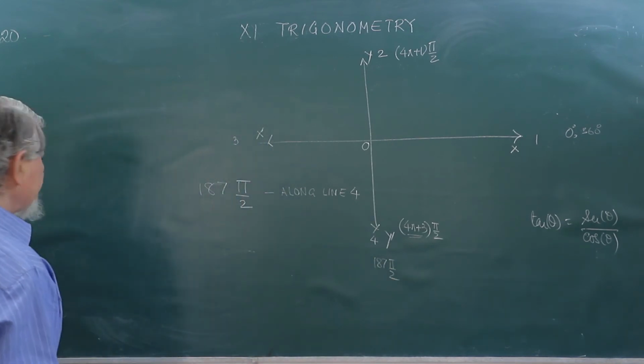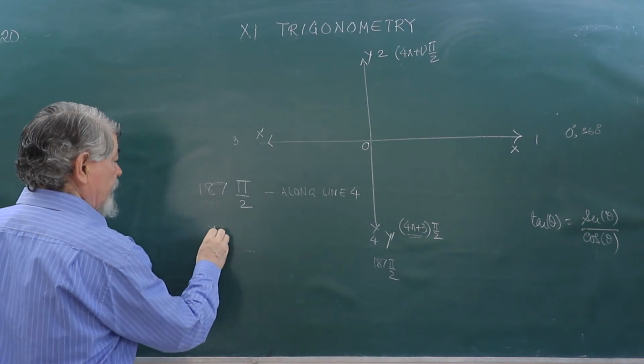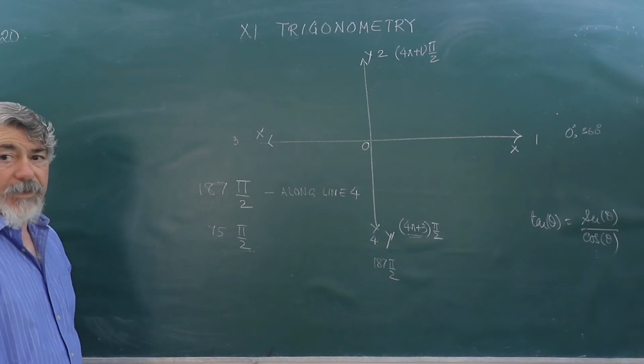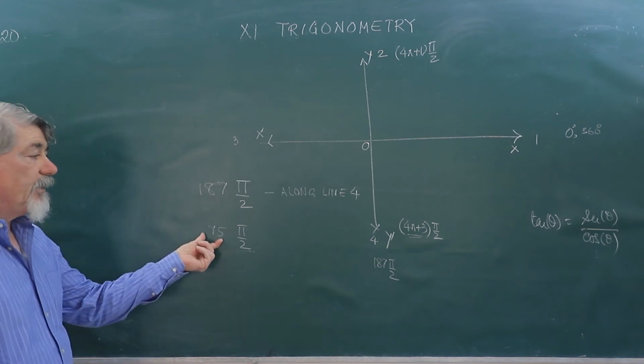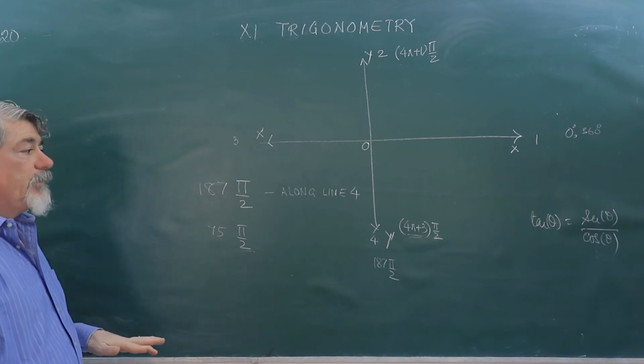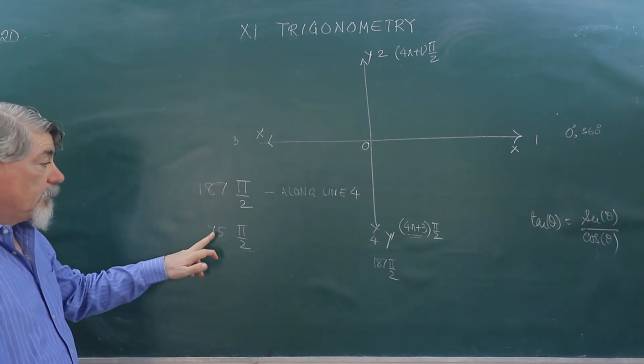For example, I have 75 pi by 2. Again, I am going to divide it by 4. If I divide it by 4, again your remainder will come out to be 3.